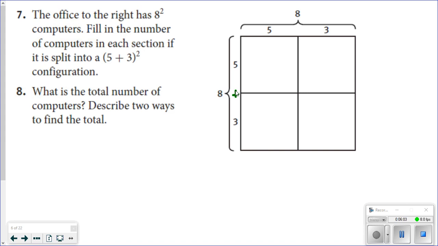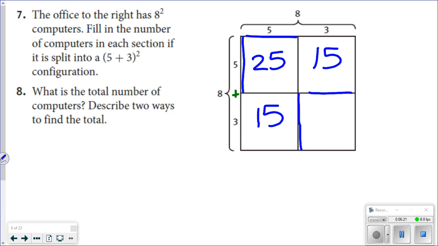So in each box, what we're going to do is multiply the side times side. So 5 times 5 is 25. 5 times 3 is 15. 3 times 5 is 15. And then 3 times 3, this side is 3 and this side is 3. So in our last box, we get 9.